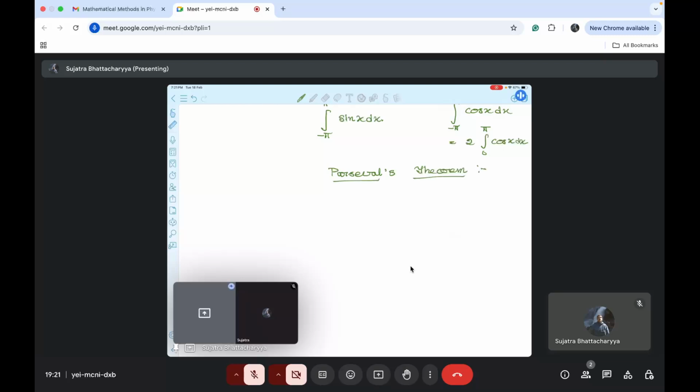So Parseval's theorem is simple: if you have 1 by 2 pi integration from minus pi to pi, not from 0 to 2 pi now, I'm writing minus pi to pi, of f of x square dx, this is nothing but half a naught square plus half summation k equal to 1 to infinity a_k square plus b_k square.